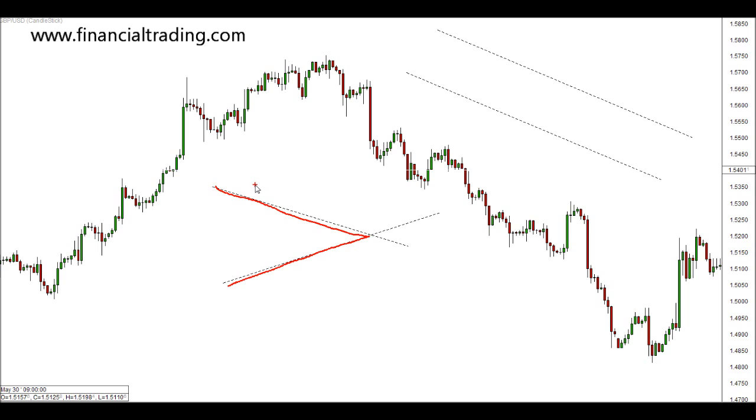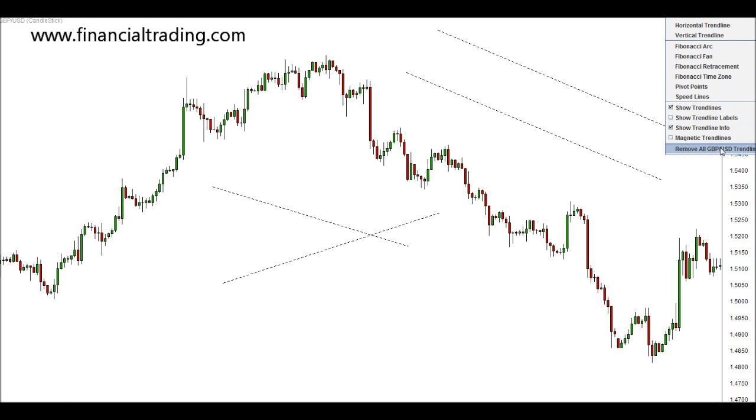And the reason why it creates a triangular shape is support and resistance is a tightening, it gets close to each other, eventually the support and resistance will touch, and if there's not a breakout of the support and resistance before this touch, then it will happen here. So let's look at some examples of this.